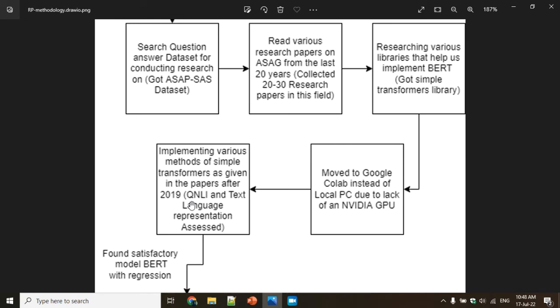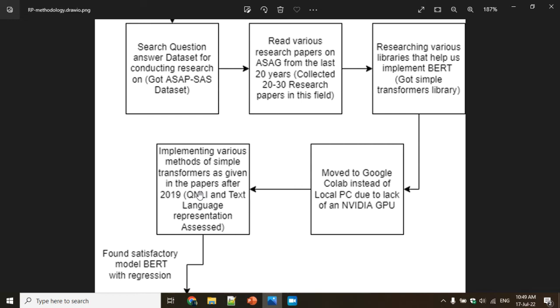They were mostly BERT classification models, or QNLI, where you feed one sentence and the second sentence together through the model, and it assesses how much it is equivalent to the topic. The other thing was language text representation, which gives sentence embeddings and word embeddings. That did not work as well. It was getting very high RMSE, so we didn't go ahead with them.